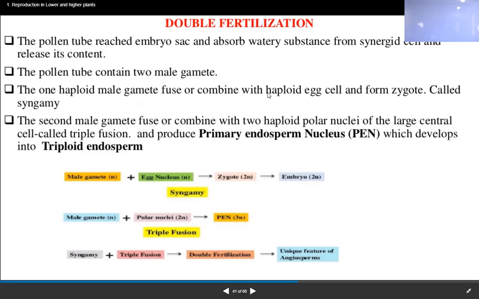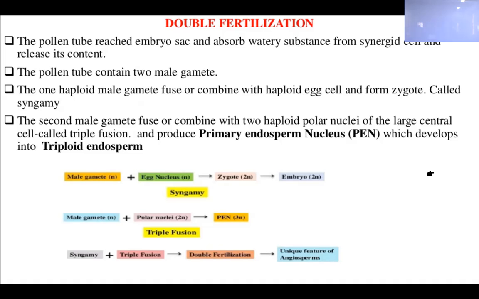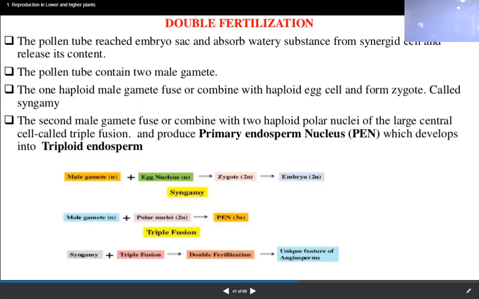So you can draw only a single diagram, porogamy. Please draw and write down this one. Yes or no? Yes, ma'am. Please do it. I'm going to give you 5 minutes. Please do it on priority only because this is very important.